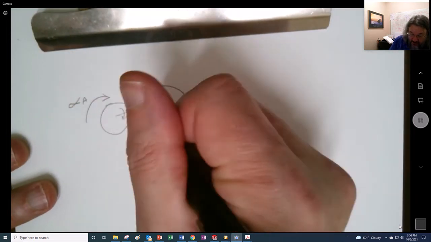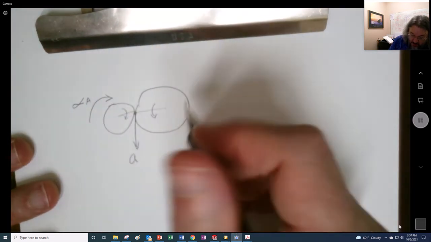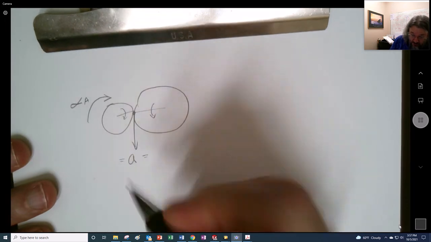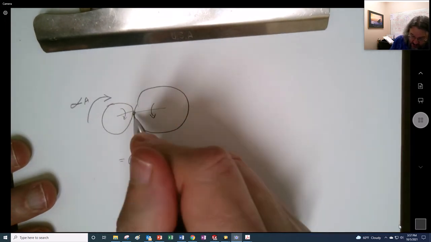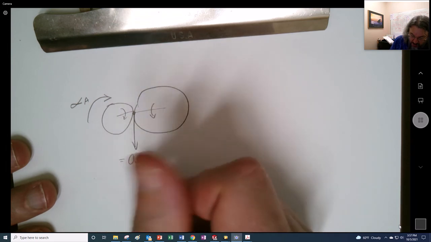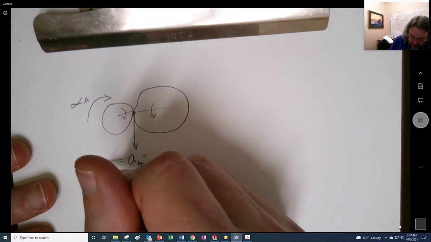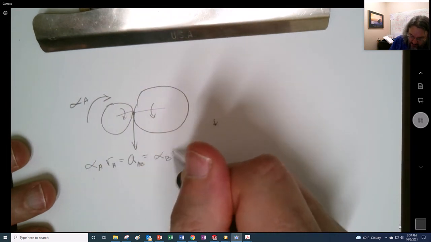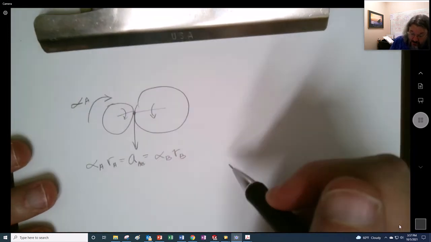That acceleration right there, I'm going to call it alpha AB, because it's shared between both A and B. It has to be the same tangential acceleration. So we say there's alpha B. There you go, they have to be the same acceleration.